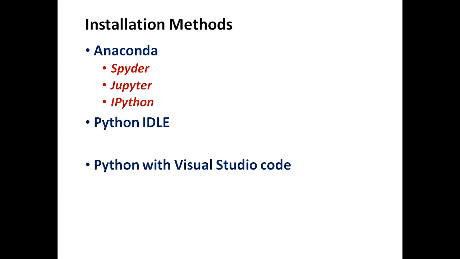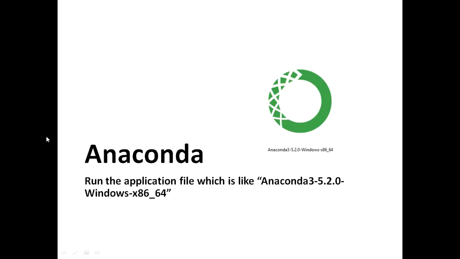These are the three methods which are familiar to me, and I have tested their working. If you install with Anaconda, the file you download would be like this: Anaconda3 something Windows 64. Of course, you have to look for the version compatible with your system.